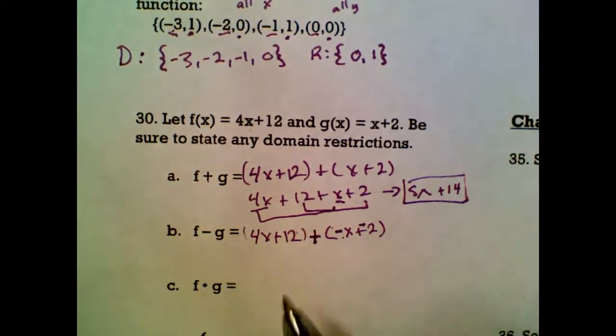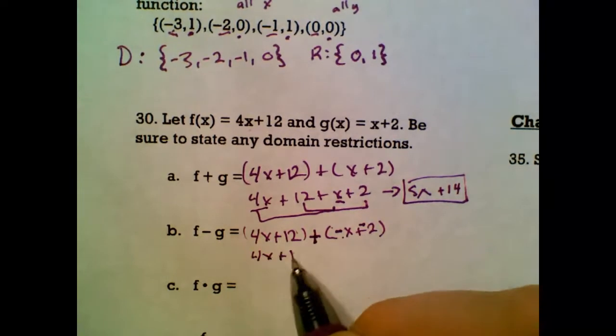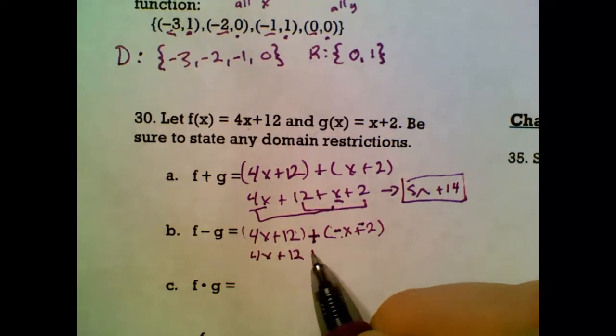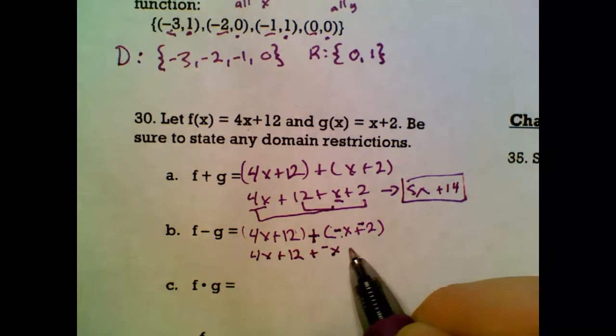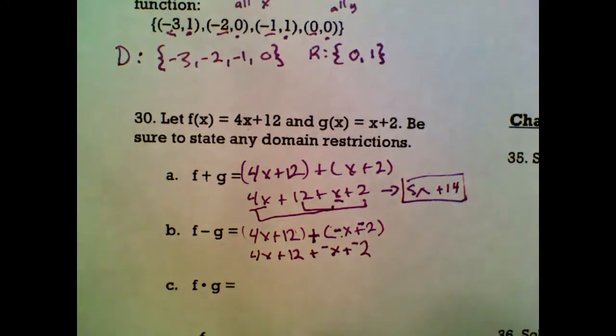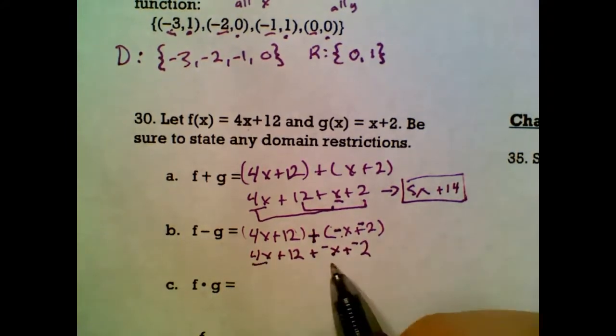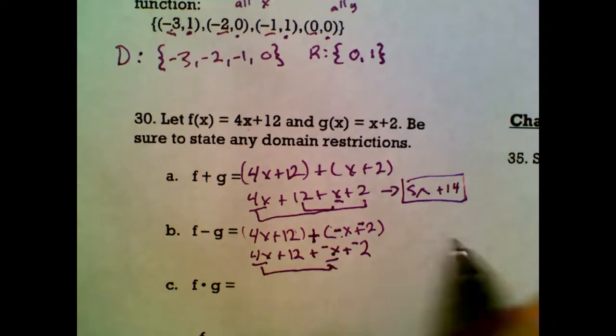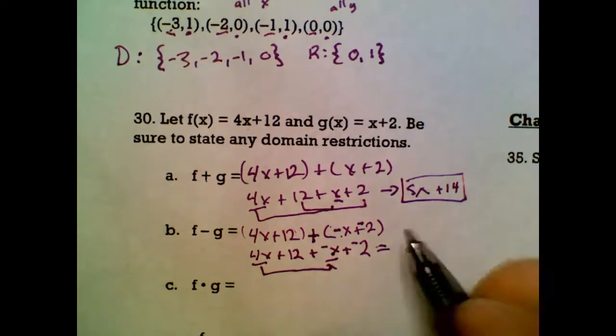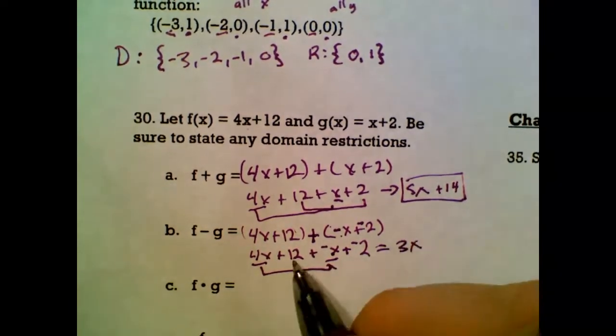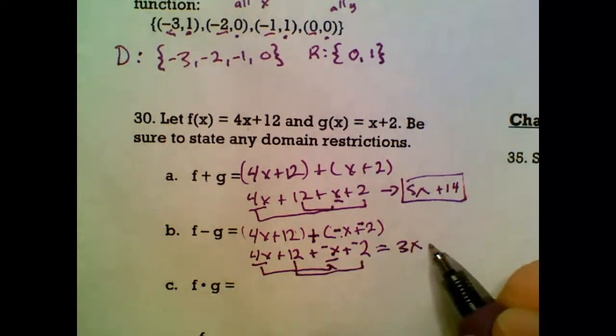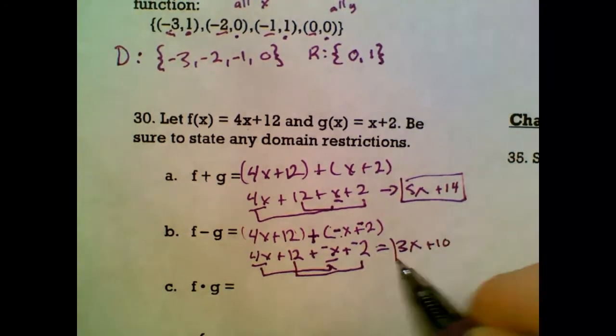So what I have now is 4x plus 12 plus negative x plus negative 2. Okay? So let's bring our like terms together. 4x and negative x, that gets us 3x, and then 12 and negative 2, that gets us 10. There's your answer.